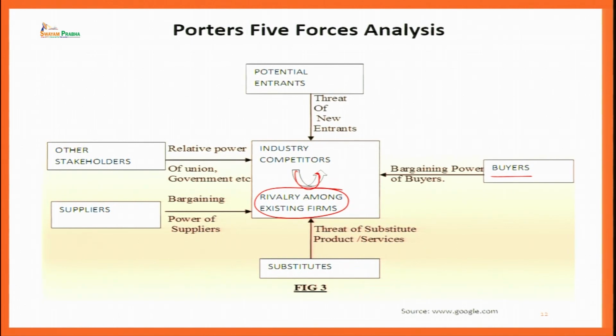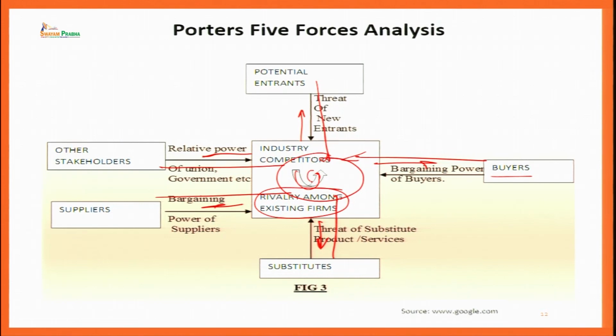So if the industry is not able to answer back these forces, what is going to happen? They are going to shrink the size, further pressurize it, make it so difficult for the industry to survive, and finally it is going to shrink.